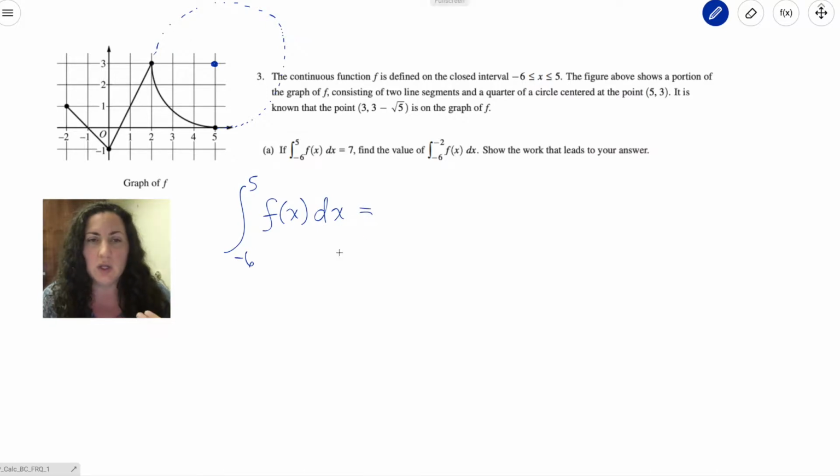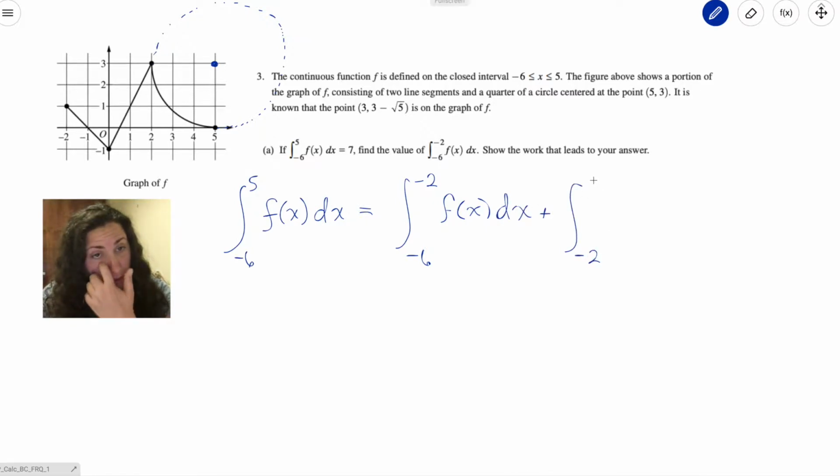So for example, -6 to 5, we can split that into the integral from -6 to -2 plus the integral from -2 up to 5. Now the integral from -6 to -2, that's what we're solving for.